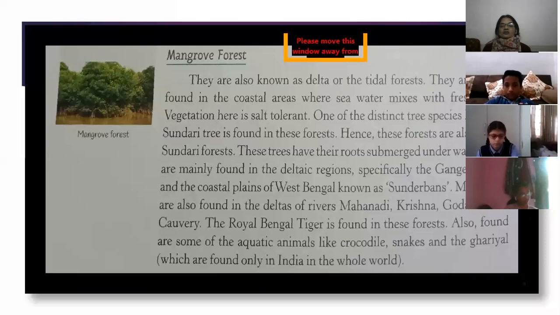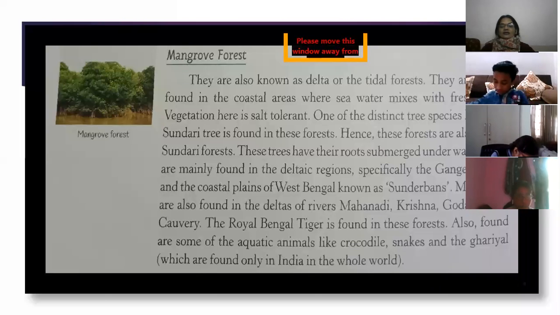They are also known as delta or tidal forests. They are found in the coastal areas where seawater mixes with the fresh water, and the vegetation here is salt tolerant because they are found near the sea. You all are aware that coastal seawater is saline. Clear, students?